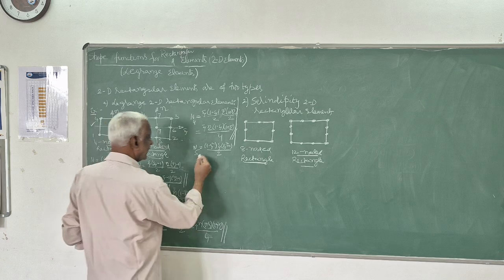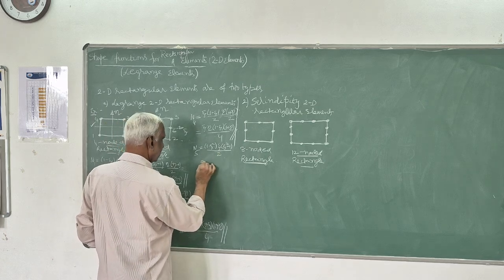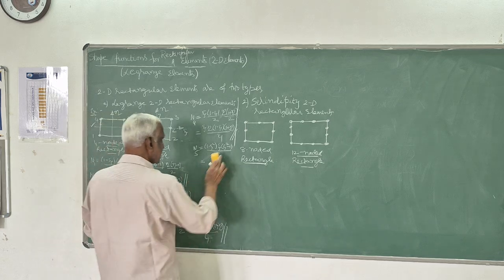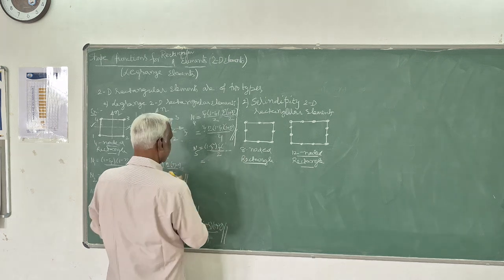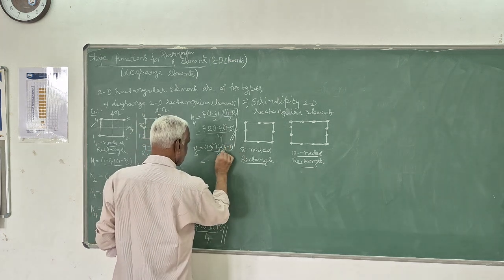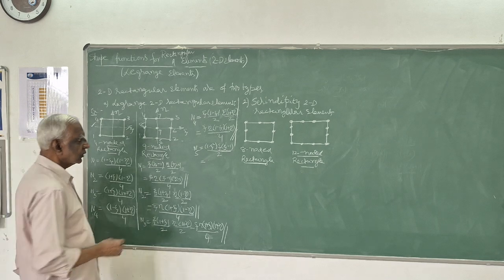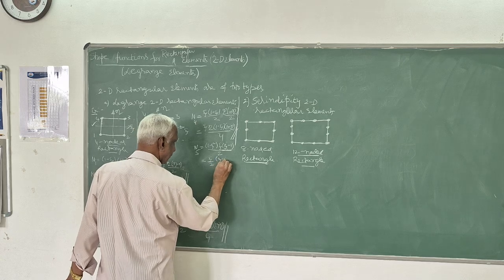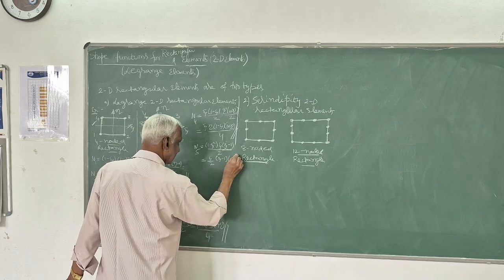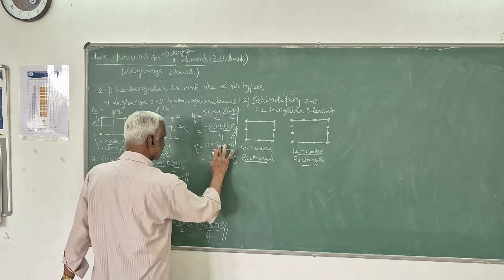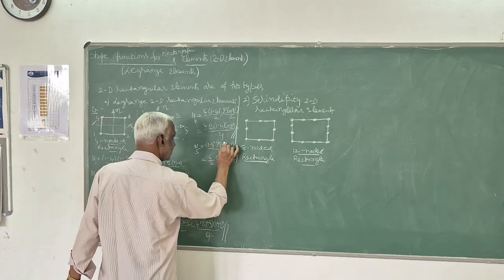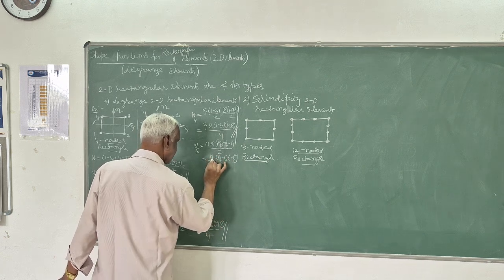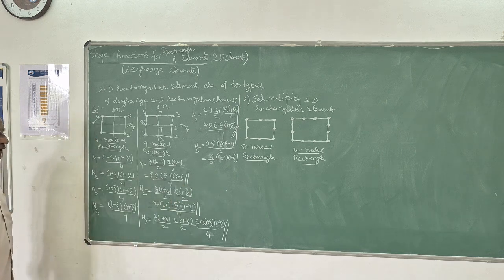So the shape function for the fifth node is eta into (eta minus 1) into (1 minus psi square) by 2.